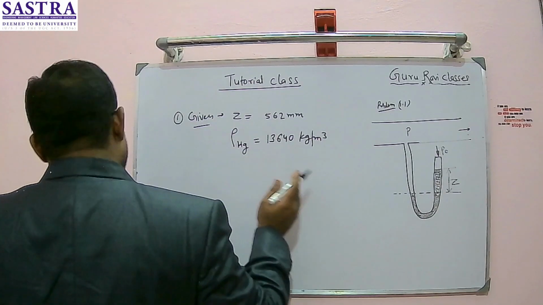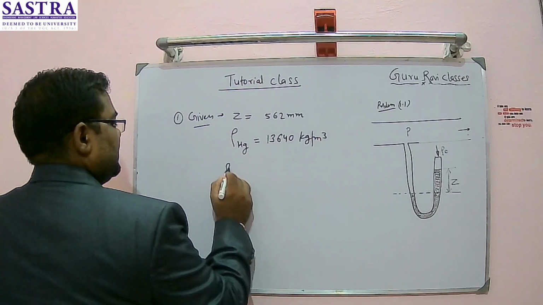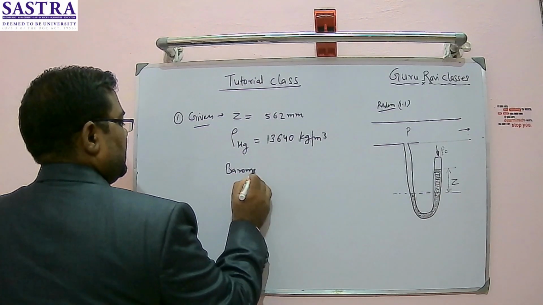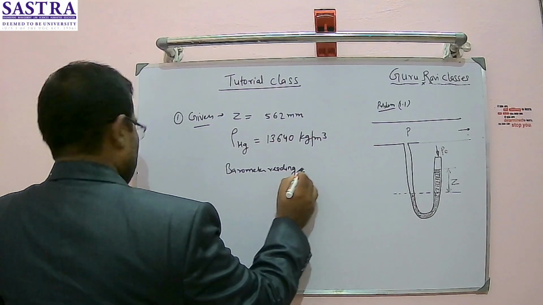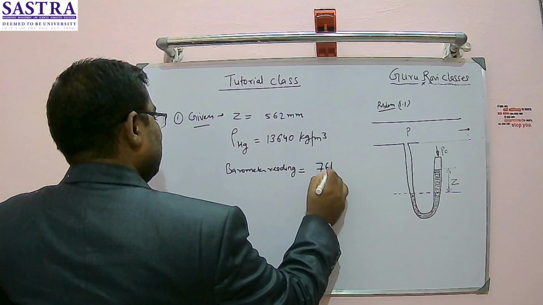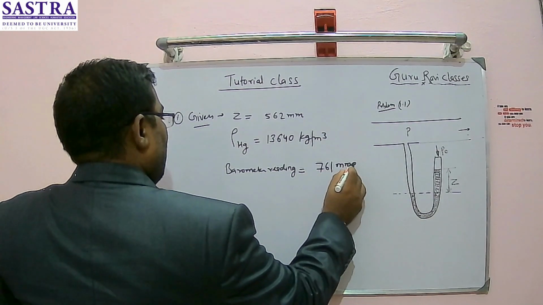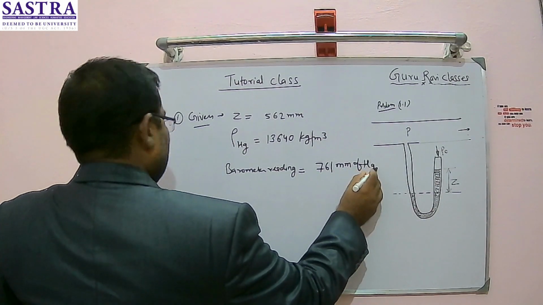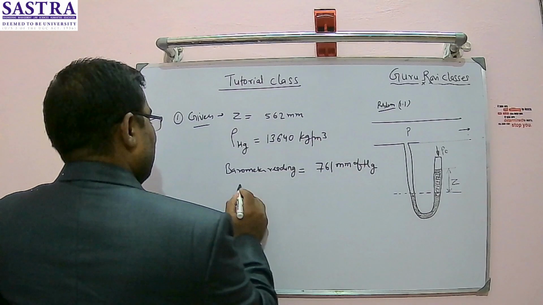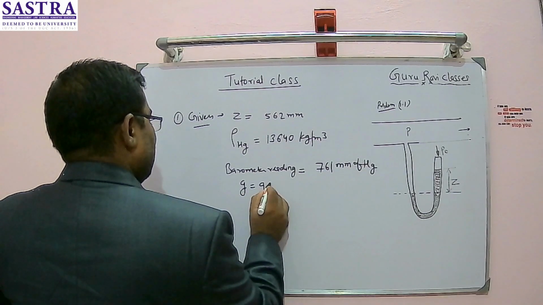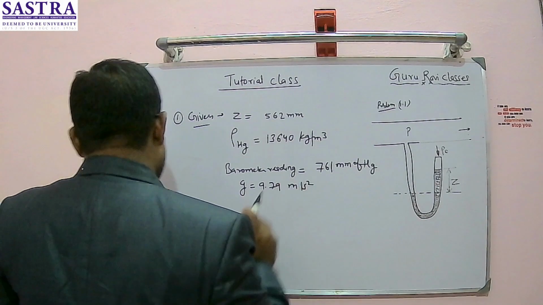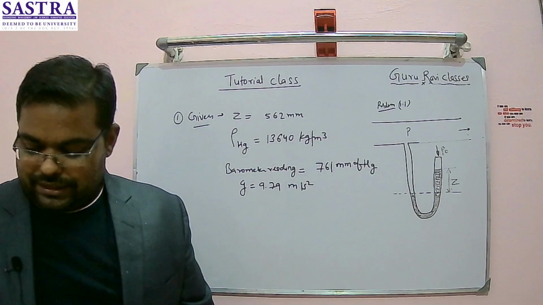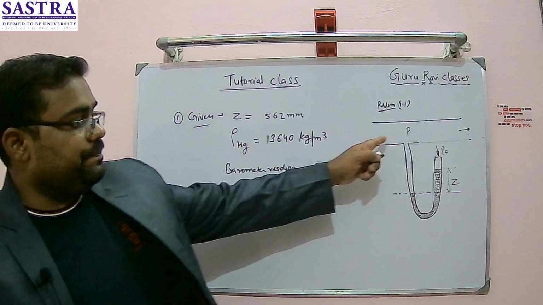Apart from that, barometer reading is also given, which is 761 mm of mercury, Hg. And acceleration due to gravity is also given, 9.79 meter per second square. So these are all the parameters given, and we need to find out the pressure here.